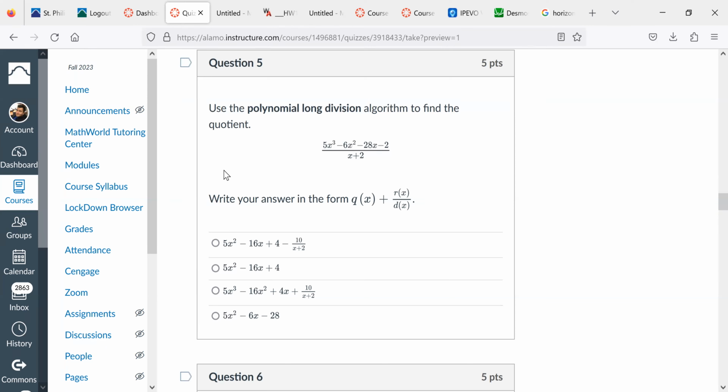Okay. Number 5 wants us to do long division. And then write it in that form. We'll do it on the next page because long division can be long.